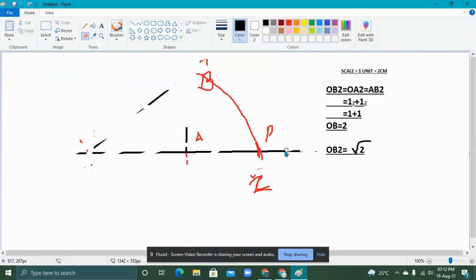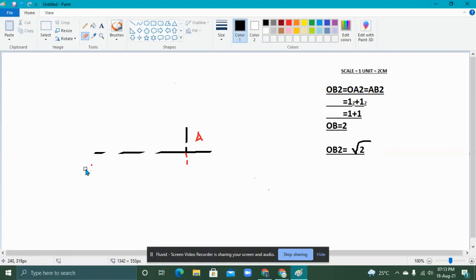So root 3 is also pretty easy, but I don't know why I started erasing. There is no need. Root 3 also. If in your exam your teacher asks you to plot root 3 on the number line, it is going to be double work, as you have to first plot root 2 on the number line.